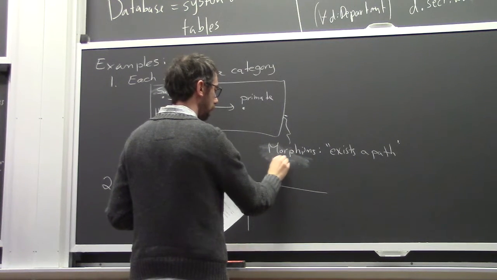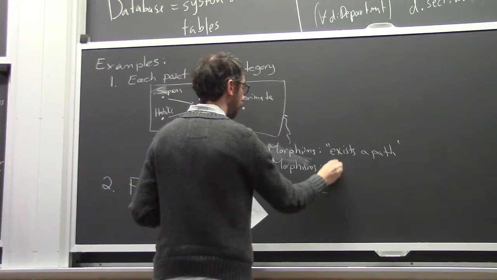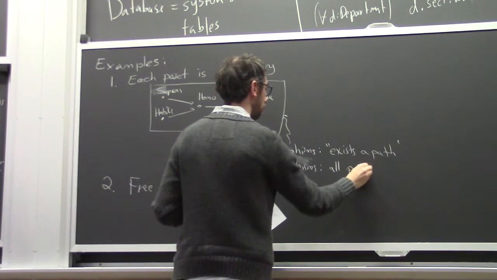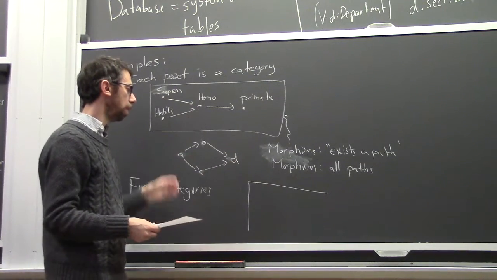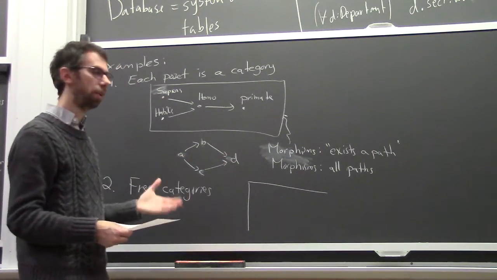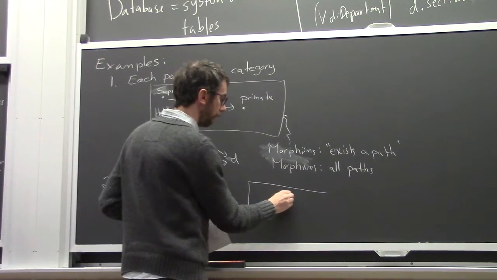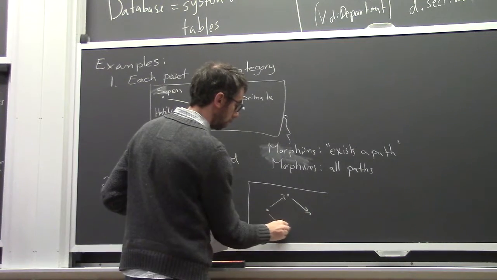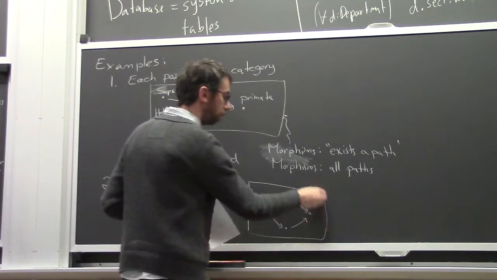In what I'm about to say, morphisms are all paths. Instead of asking whether a path exists, like is A less than or equal to D or not, is there a path or not, I don't care about the difference. I just care about whether there is one. In free categories, you count all the paths. So in this free category here, how many morphisms are there?